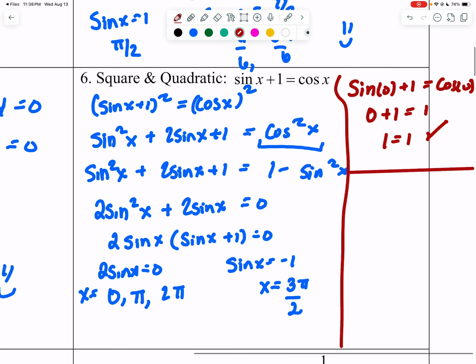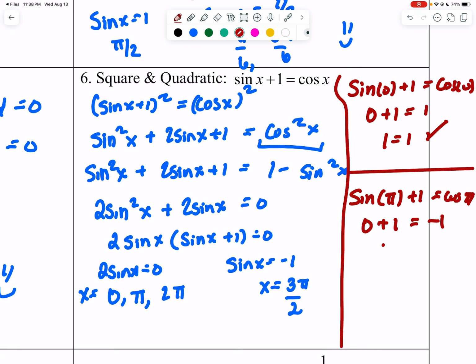Okay. Looking at pi now, we have sine of pi plus 1 is equal to cosine of pi. Now, sine of pi is 0 plus 1 is equal to cosine of pi, which is -1. 1 is equal to -1 is not true, so that's false. Because this is false, we know that pi is extraneous.